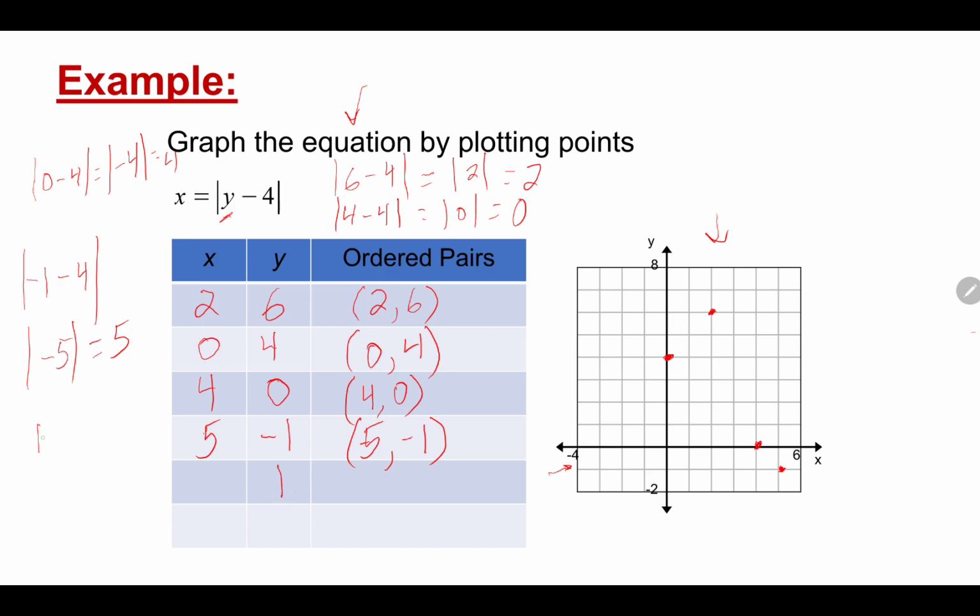If I plug in a 1, I have the absolute value of 1 minus 4, which is going to equal the absolute value of negative 3, which is going to equal 3. This is the point 3, comma 1. So at 3, 1, 2, 3, I'm at 1. Okay, we can kind of see a line forming there.